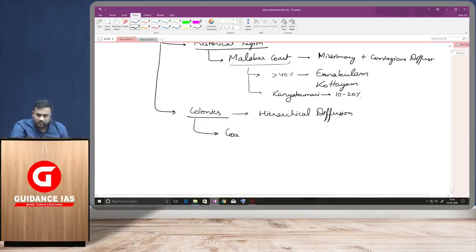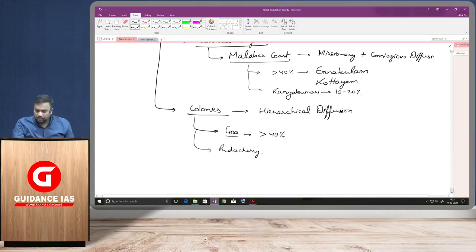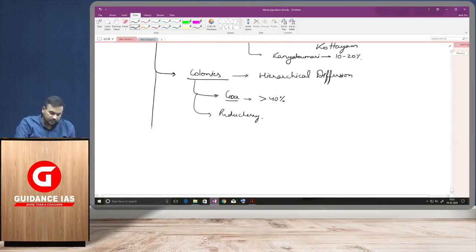So Goa is one area where a higher concentration is found. In both South and North Goa, the concentration was above 40%. Similarly, Puducherry is another area. So colonies were another type of area.